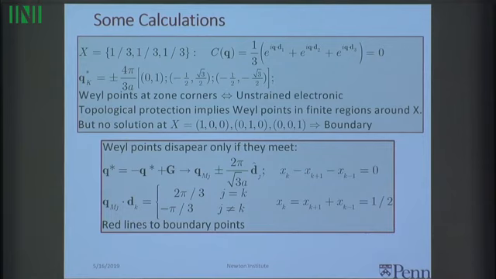Now remember, these d's point to the vertices of the equilateral triangle, so that means that this sum is automatically 0. So it says we have a zero mode at, well, you can actually calculate which Q's will give you a zero mode here, and it turns out to be Q's at the K points.